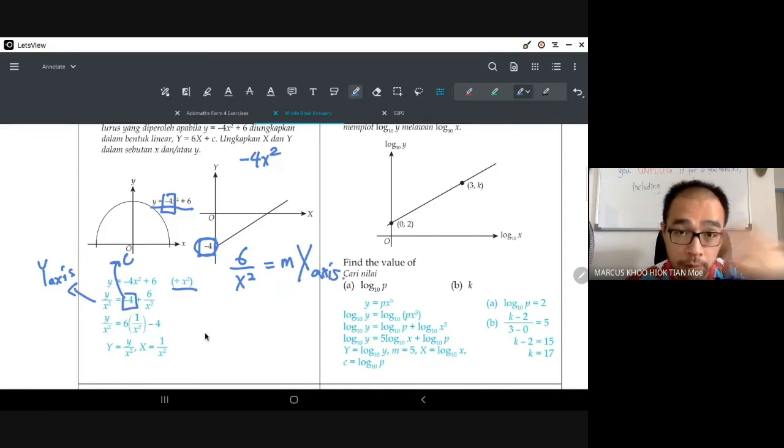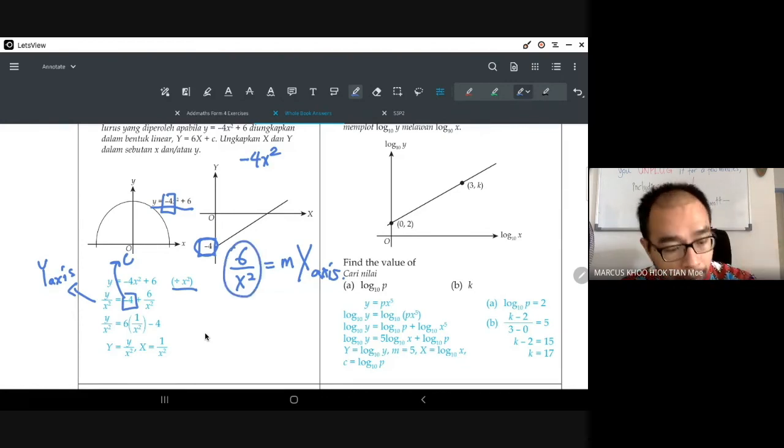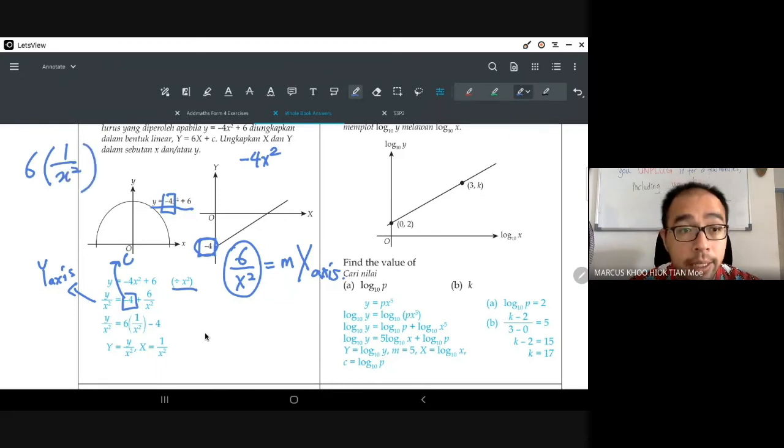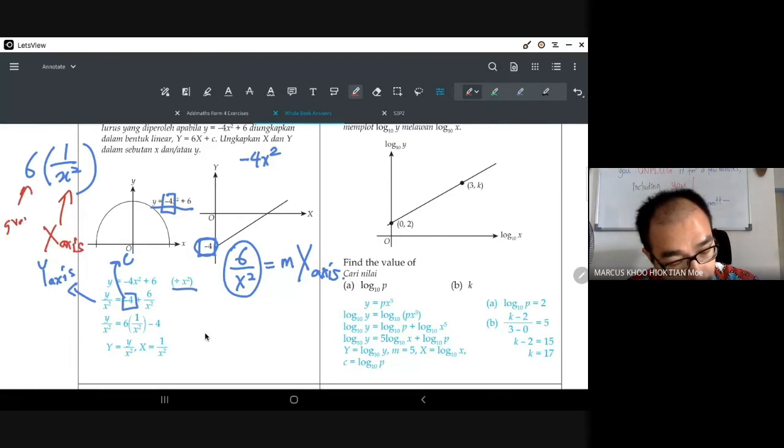And so from last Thursday's class, I said that 6 over x squared, you can split it up, it becomes 6 times 1 over x squared, so that this one becomes the x-axis and this one becomes the gradient.